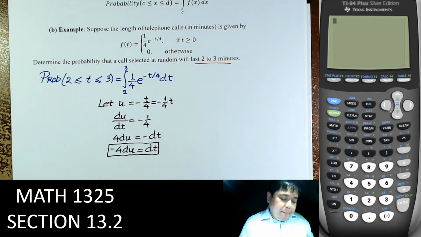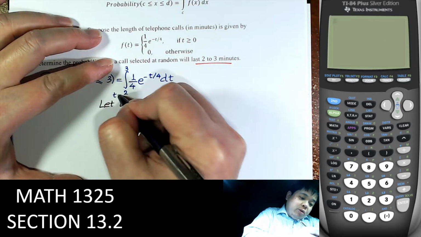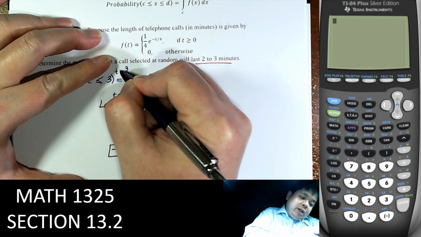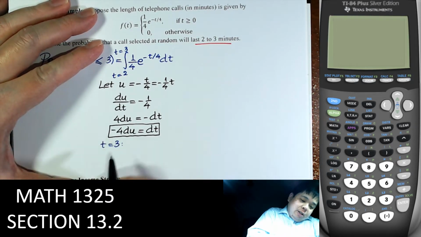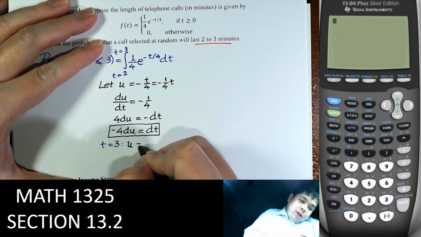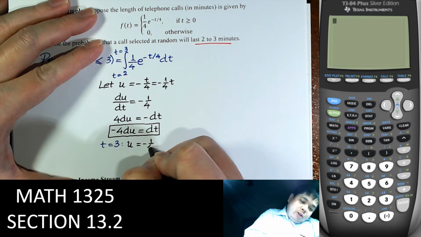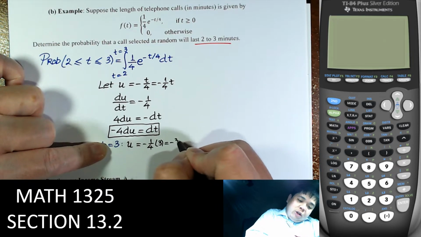Right, and now this one has limits. Originally t goes from 2 to 3. Now we change the limits. u equals negative 1/4 times t, which is 3, so negative 3/4.